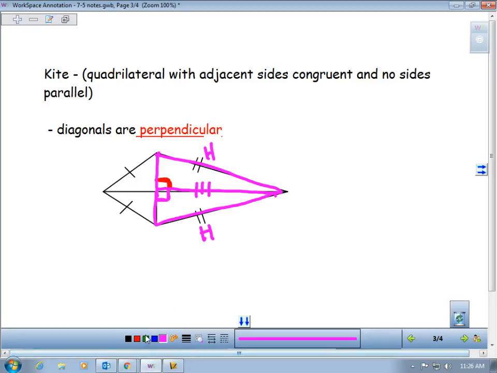In this picture, in this kite, this angle is congruent to this angle. Why? Because of CPCTC. Those are corresponding parts of congruent triangles, so they're congruent. Guess what? This side is congruent to this side by CPCTC. This angle is congruent to this angle by CPCTC.